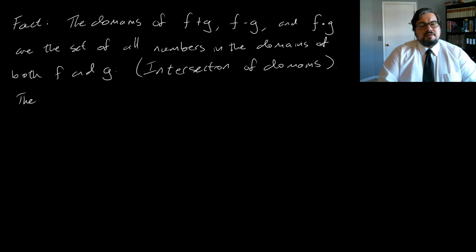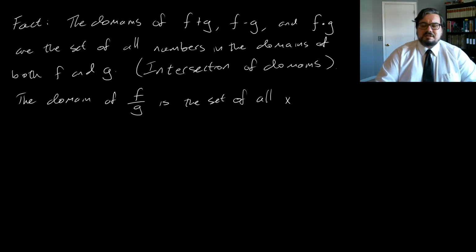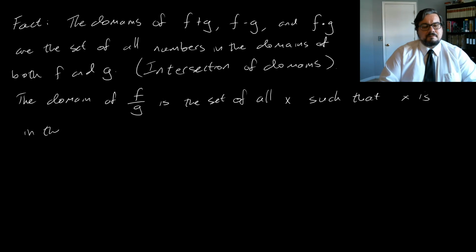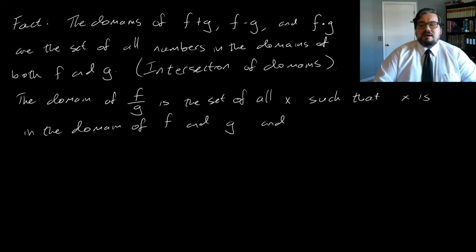The domain of f over g is the set of all x's such that x is in the domain of f and g, and g of x is not equal to 0.